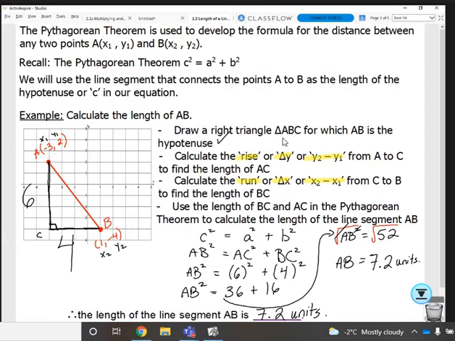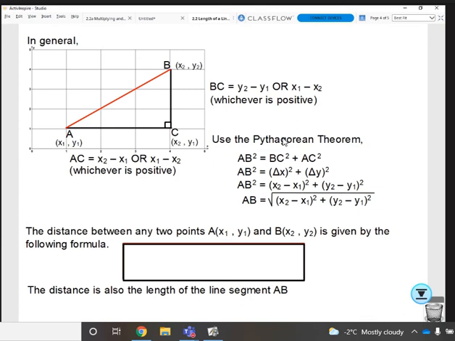So what if we had any coordinates, meaning A is x1, y1 and B is x2, y2? How would we do this? Eventually, we're going to run into problems where the coordinates are given as decimals or fractions, or they're just unreasonable to see on a graph.